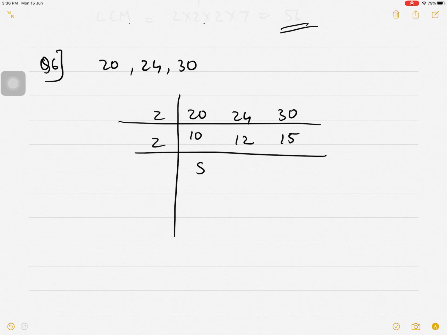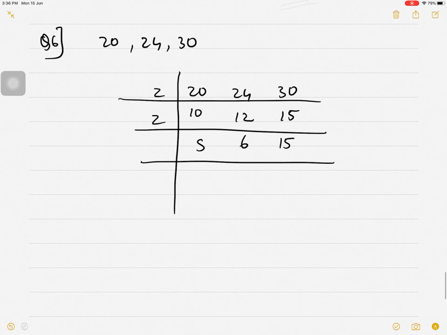Correct? 2 5s are 10, 2 6s are 12. 15 is not divisible by 2, so I'll write 15 as it is. Then 2 3s are 6. Okay. 5 is not divisible. Right? So I'll write 5 and 15 as it is.